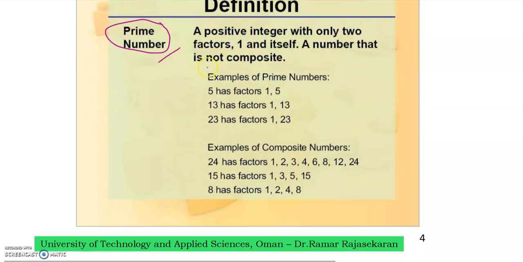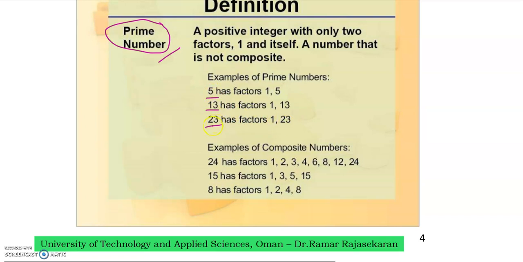For example, these are prime numbers: 5, 13, 23, because these numbers have factors 1 and itself. The number 5 has factors 1 and 5. Number 13 has factors 1 and 13. Similarly, number 23 has factors 1 and 23. Therefore, these numbers are called prime numbers.